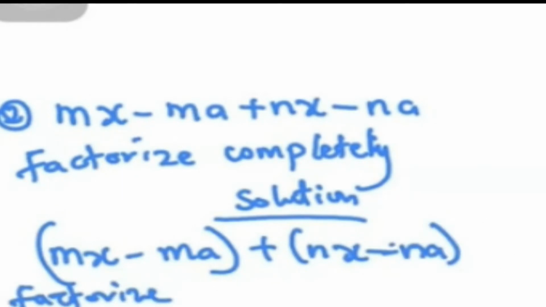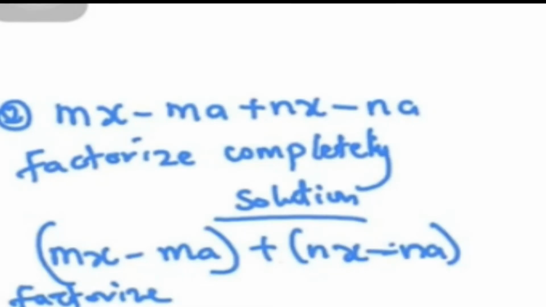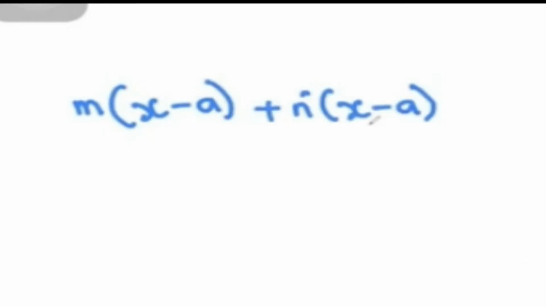So factorizing this, what was the common factor there? m, good. So we're going to get m out. Then what will be left? x minus a. Then the other bracket, since you have the members inside the bracket to be the same, you now bring those outside the bracket together, right?